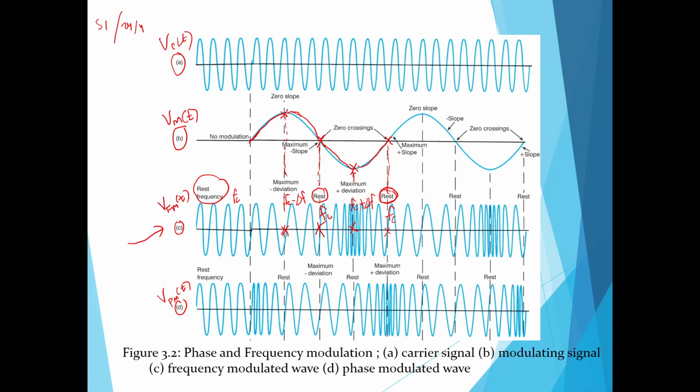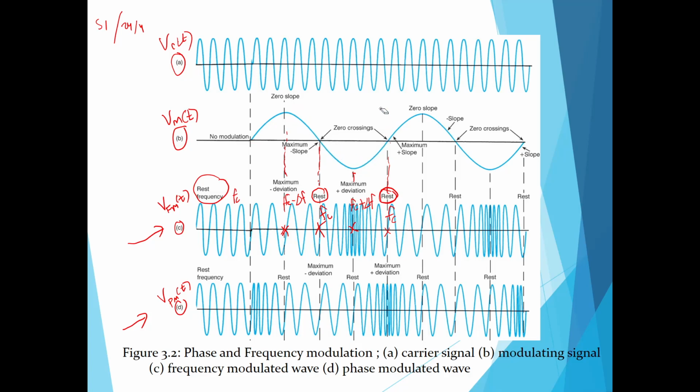Okay, and then what happened for graph D, which is for phase modulation? So what's the difference? I will show you. I will erase this one because I want to show you the phase modulation.